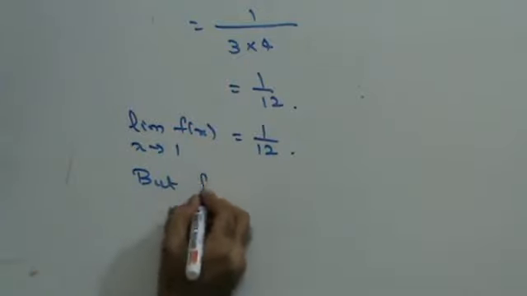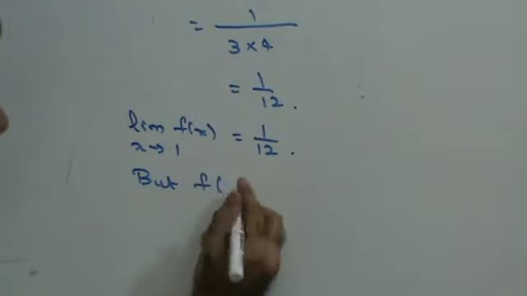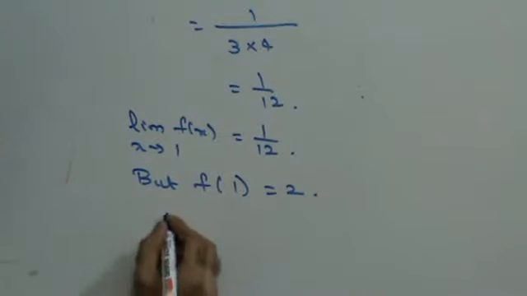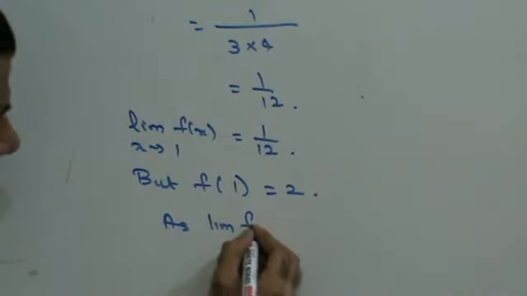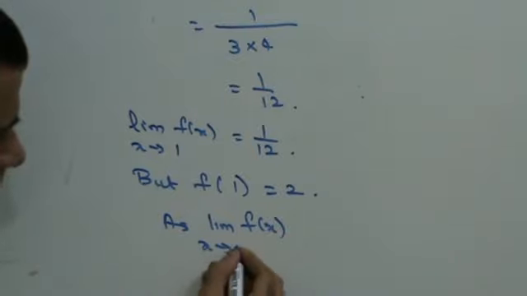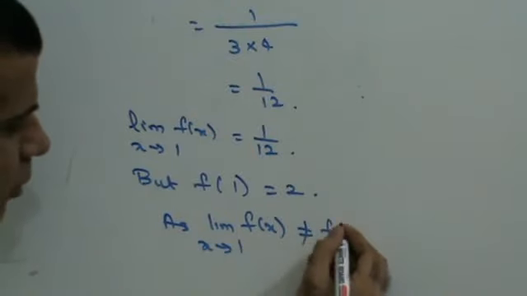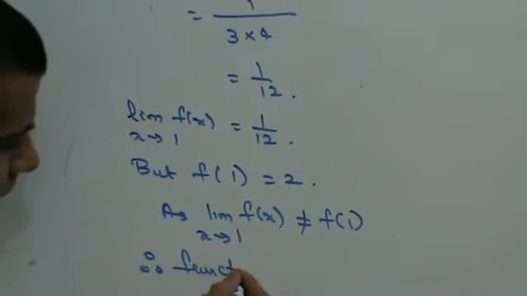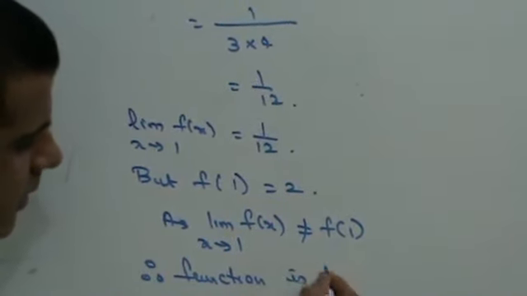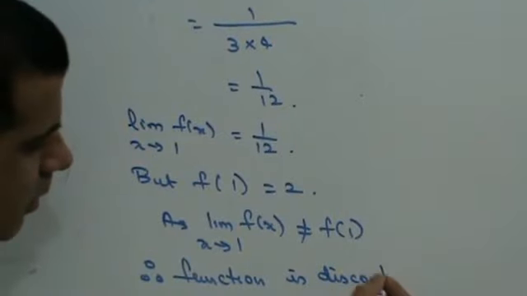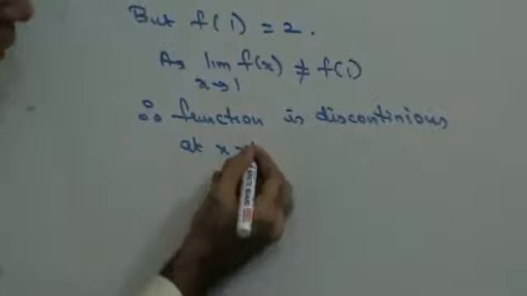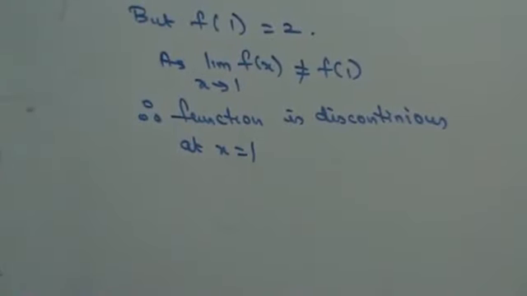But in the sum they have given you that f of 1 is equal to 2. As limit of f of x as x tends to 1 is not equal to f of 1, therefore the function is discontinuous at x is equal to 1. Fine, do we get this thing clear? Let's go on to the next sum, guys.